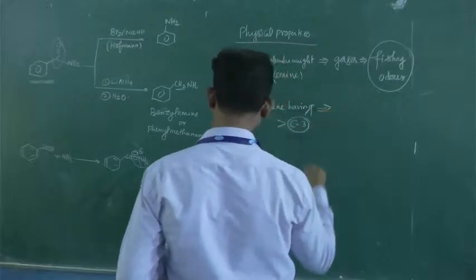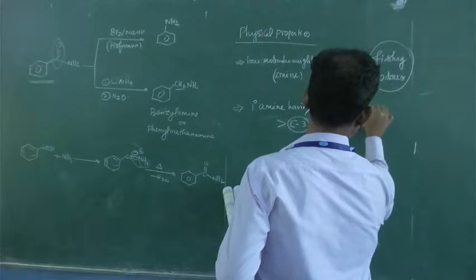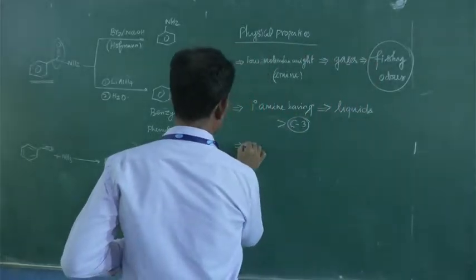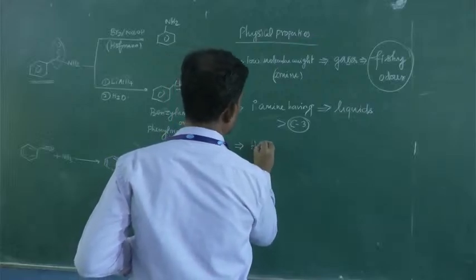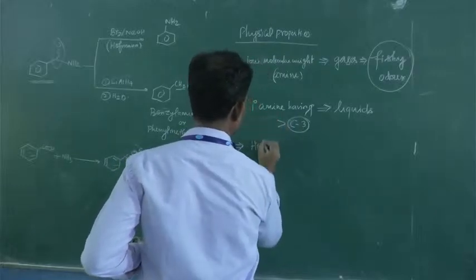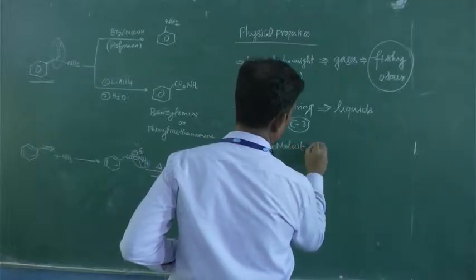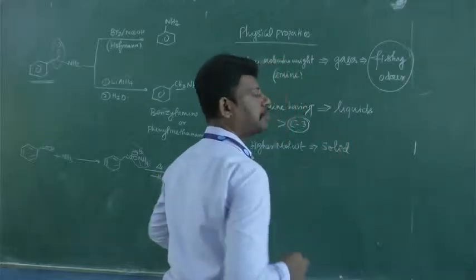This is going to be a liquid. As molecular mass increases, the physical state changes, and the amines having higher molecular weight, their physical state is going to be solid.